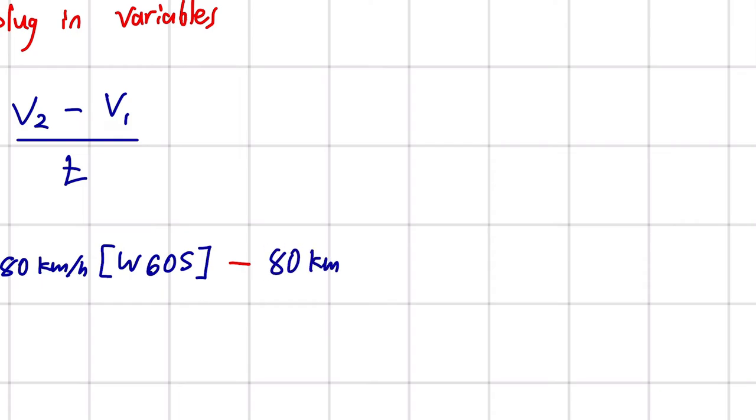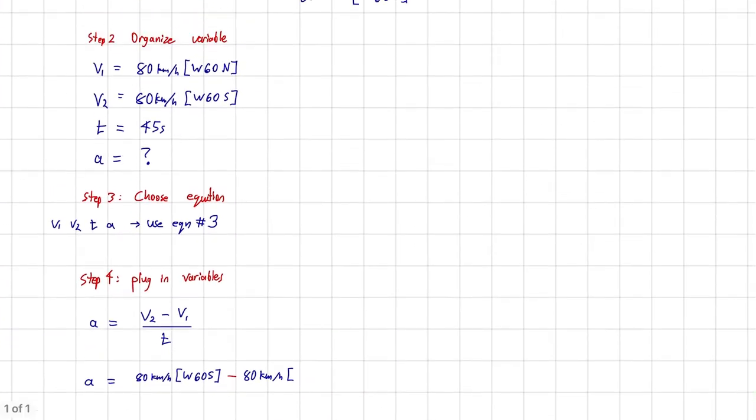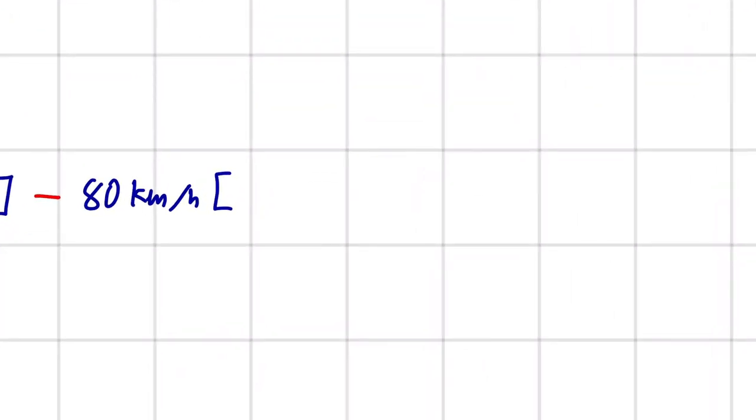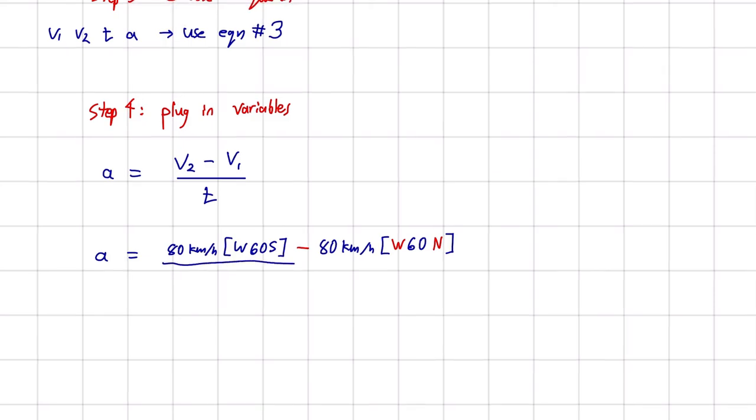Minus our v1, which is 80 kilometers per hour, and the direction of our v1 is west 60 north. So west. And I'm going to actually do these in red as well, and you will see in the next step the reason for that. So, west 60 north. All over time, which was 45 seconds.